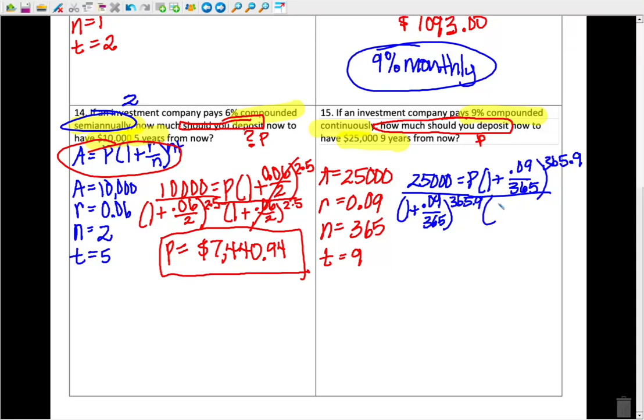When I do this on both sides, it cancels out this expression that is multiplying the P, and that's what we want. We want to get the P by itself. So to do that, we have to undo the multiplying that you see that's been done with this expression times the P. When you solve this, you should get $11,122.56.